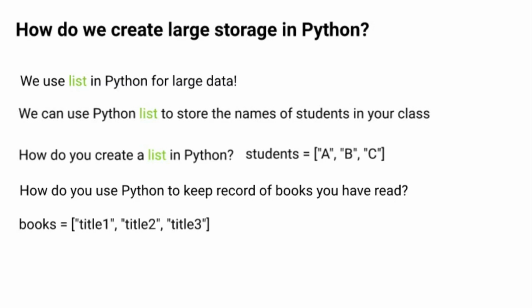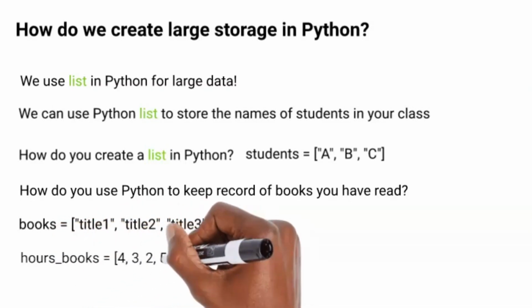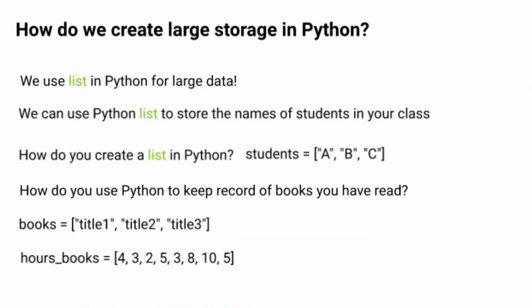So the example that we talked about is just words. You can also use lists for numbers, right? So let's say you want to track the number of hours you spend reading your books daily. So we can create a variable called hours_books. That is the number of hours that you read your book daily, right?